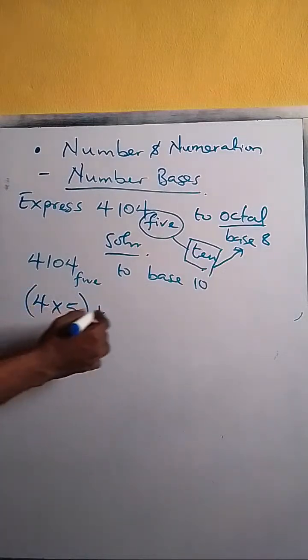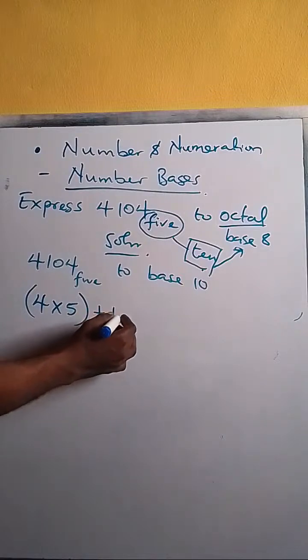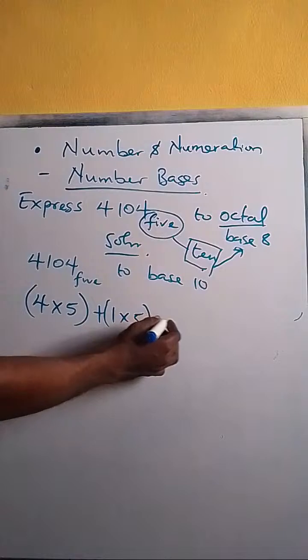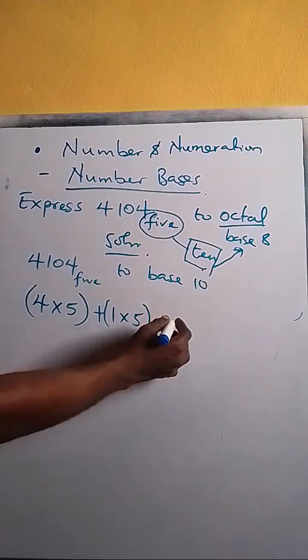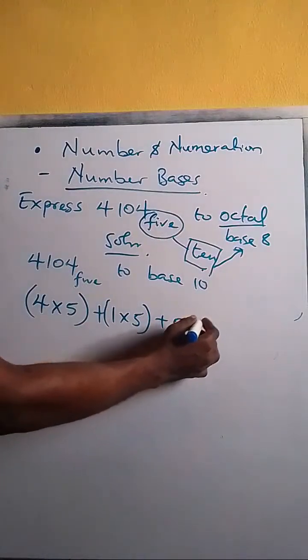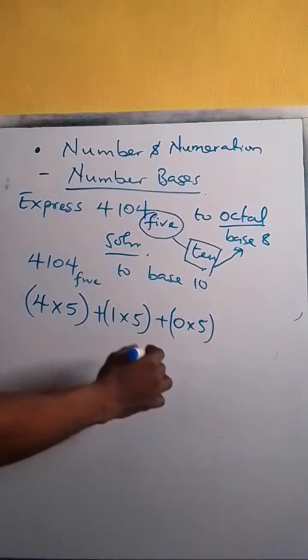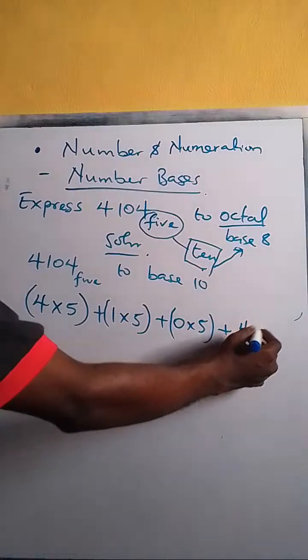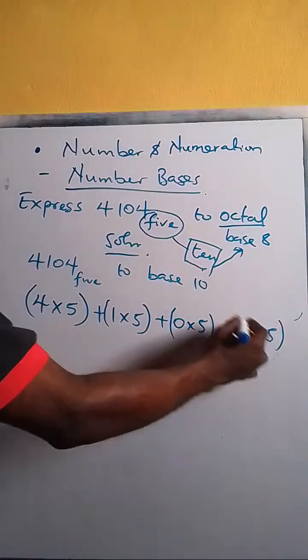Then we sum it, plus the next is 1 times 5, put it in bracket. Then plus the next, you have 0 times 5, also put it in bracket. Then next you have plus 4 times 5, also put this in brackets.